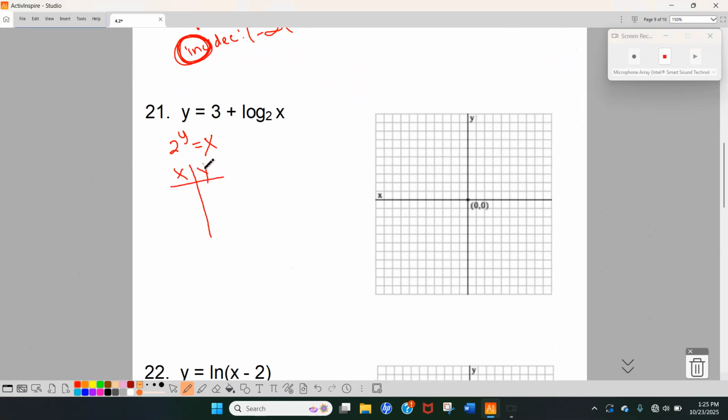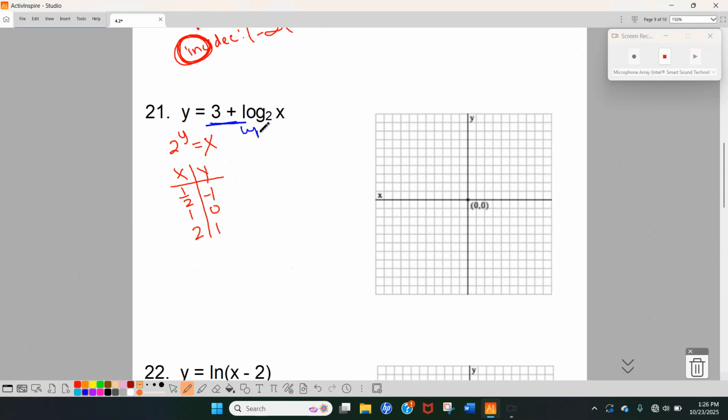So plug in -1, 0, and 1 for y. So you'll get 1/2, 1, and 2. 2 to the -1 is 1/2, 2 to the 0 is 1, 2 to the first is 2. And then we'll say that this, it's on the outside, so it affects the y's, so it's going to move us up 3.